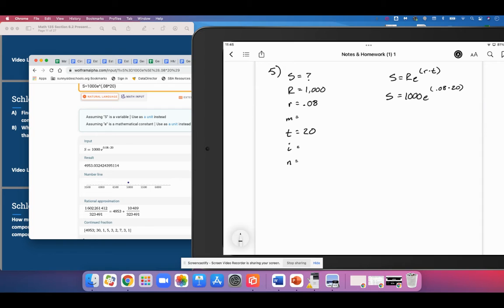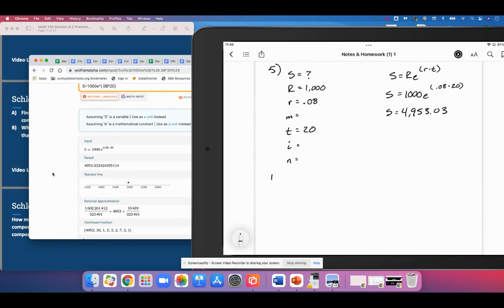It looks like we end up with $4,953.03. So S equals $4,953.03.